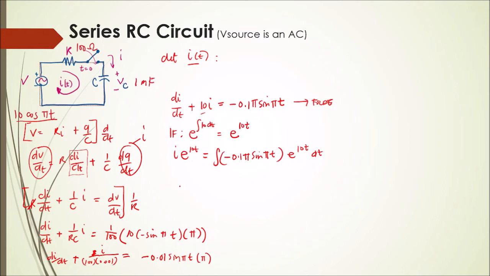So, we integrate this e to the 10t. The actual here becomes negative 0.1 pi, which is constant, times e to the 10t over 10 squared plus pi squared, times sine pi t minus pi cosine pi t.